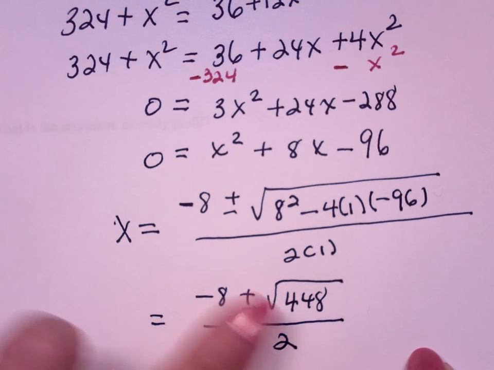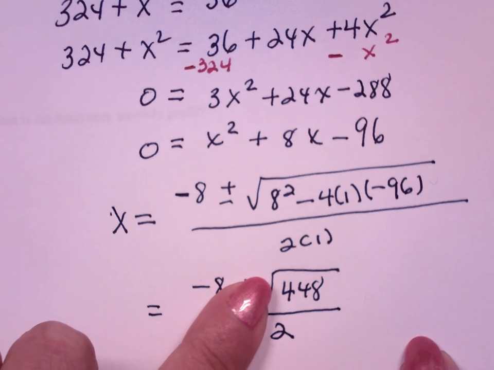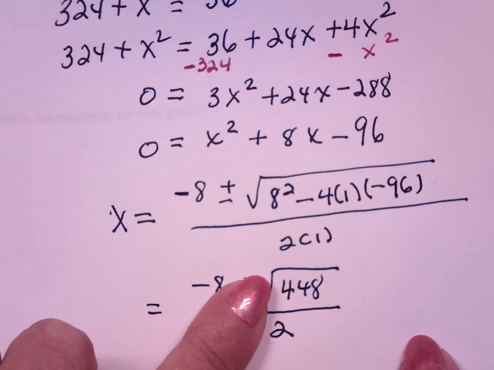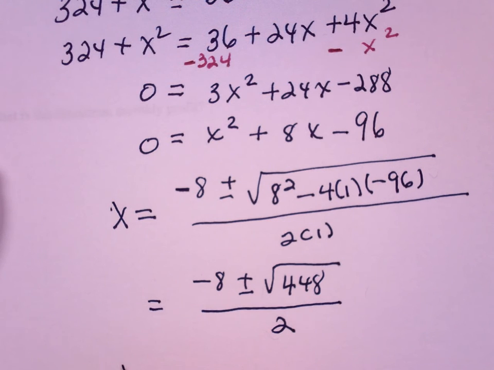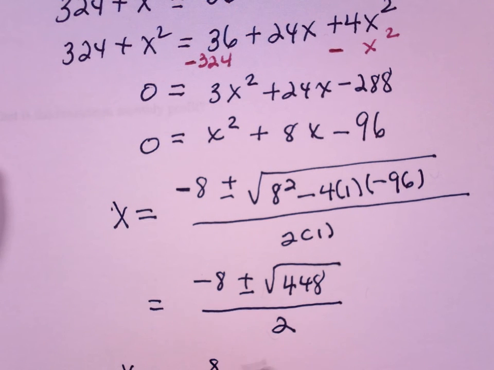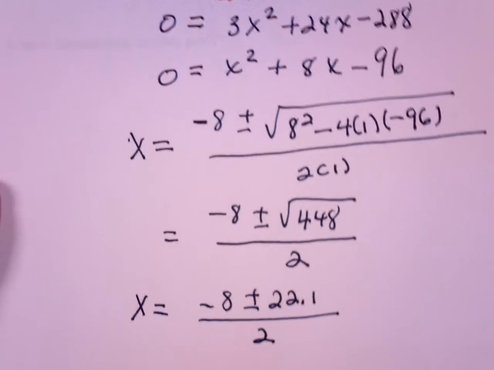Now, if 448 is not a perfect square, what do I know? Two answers. It did not factor. So take the square root, and it's about 22.1. So x is minus 8 plus or minus 22.1 all over 2. Now, what needn't I bother myself with?